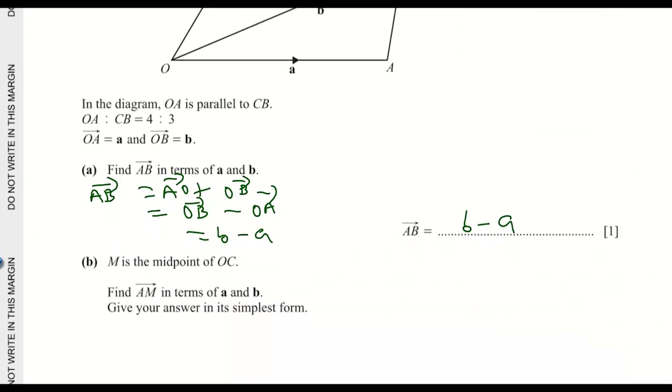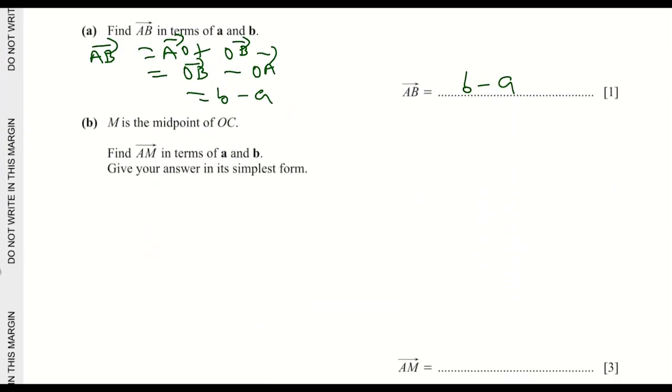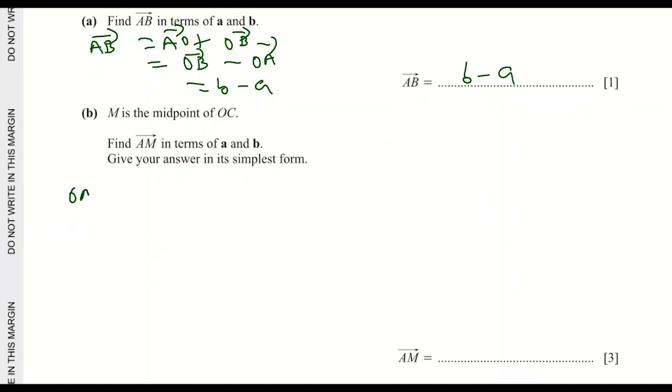Part B, M is the midpoint of OC. So if M is the midpoint of OC, that means M is here and these two are equal. OM and MC are equal. From the question, we are told that OA over CB equals 4 over 3.